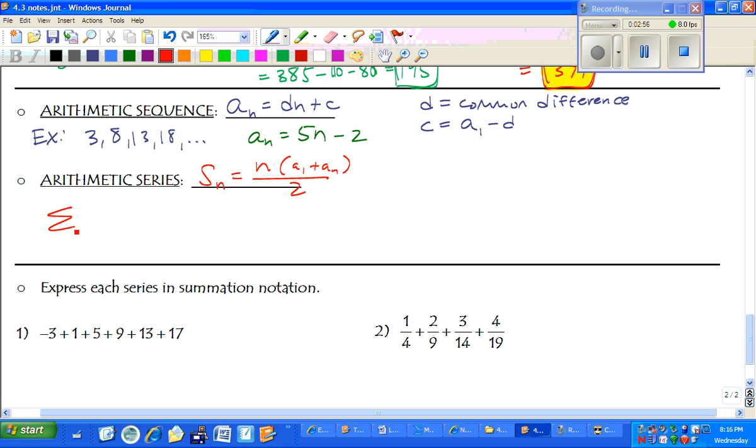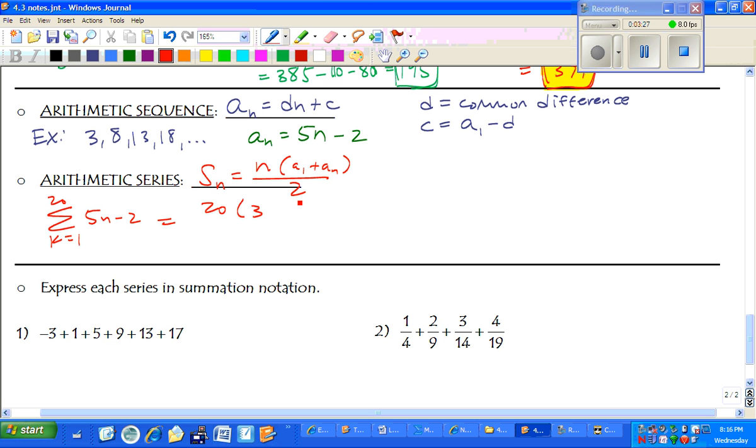If you want to find the sum from k equals 1 to 20 of 5n minus 2, well, we could break this down like we did in the examples earlier into 2 parts and do it that way, or we can use this formula because it fits this arithmetic sequence. So it's going to be the number of terms, which is 20, times first term. Well, if we put 1 in here, 5 times 1 minus 2 gives us 3.